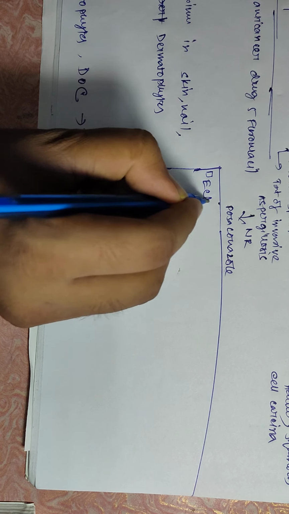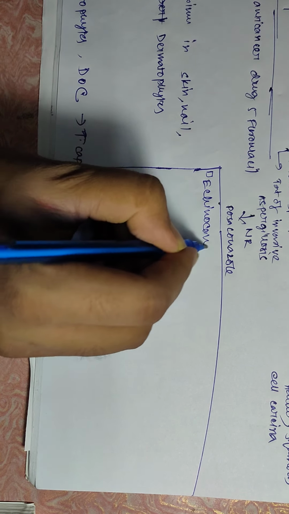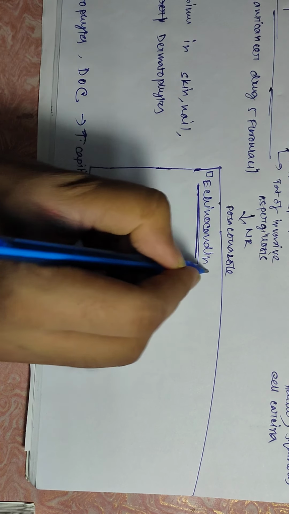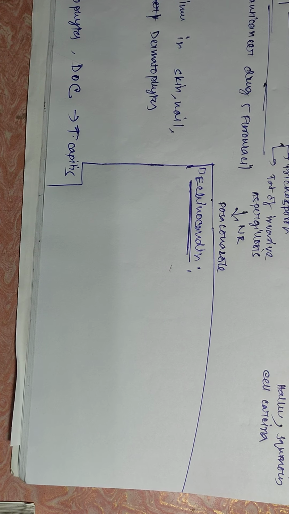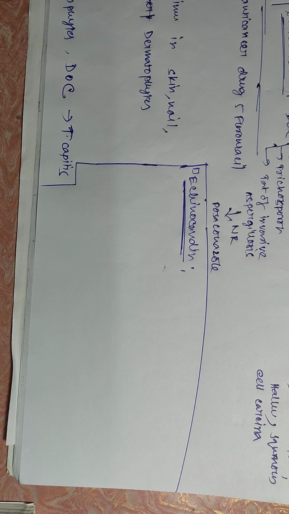About the next group of drugs, that is echinocandin. What is its mechanism of action? It blocks the beta glucan synthase enzyme, which is placed in the cell membrane, but the beta glucan is a component of the cell wall, right?